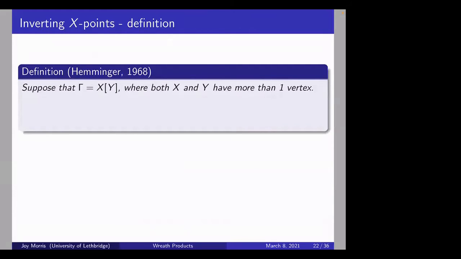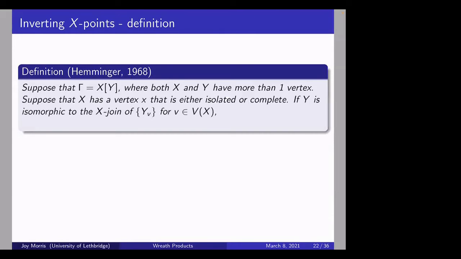Suppose that we have a lexicographic product and both of the original graphs have more than one vertex. And suppose that the first graph has a vertex that is either isolated or complete. And suppose that Y is isomorphic to the X join of a bunch of graphs, and almost all of those graphs are actually isomorphic to the graph Y that we started with.